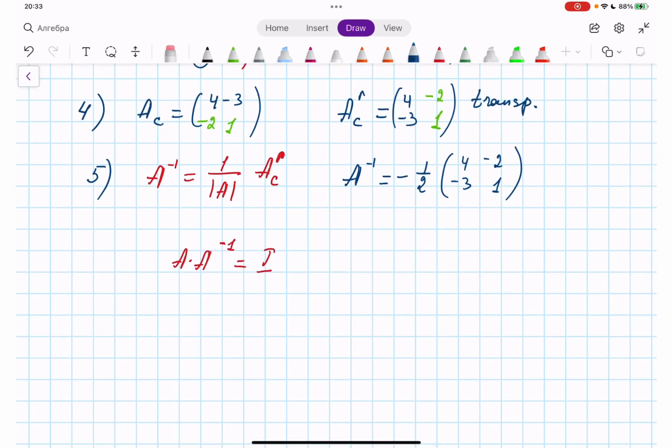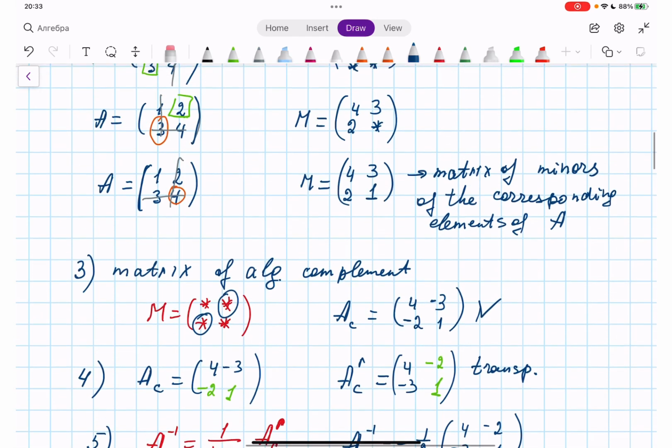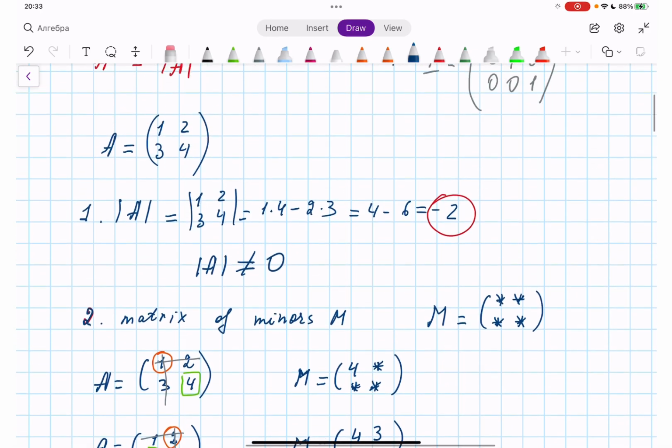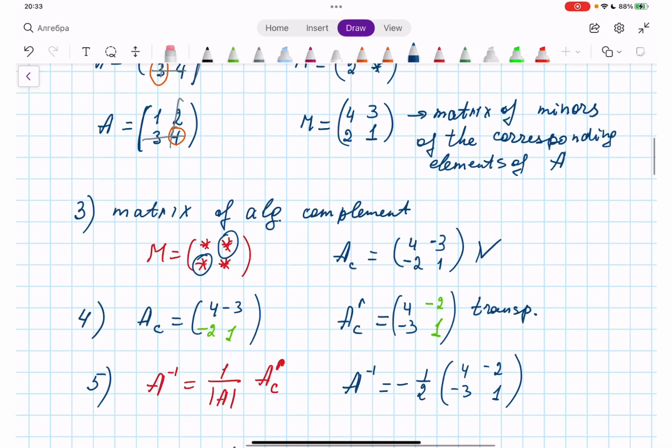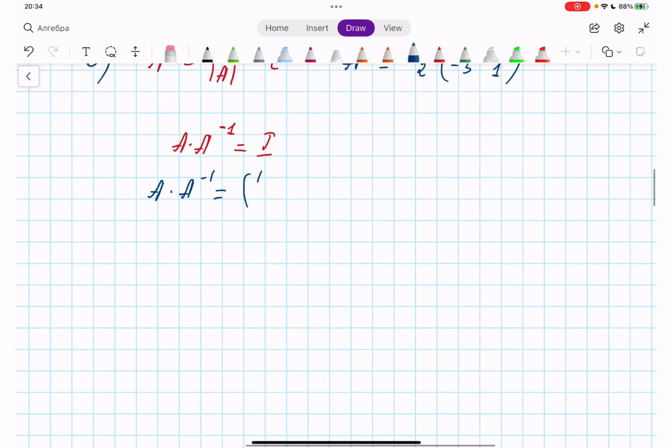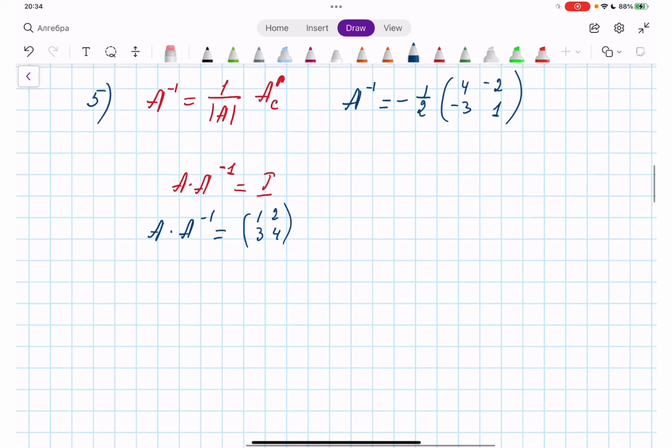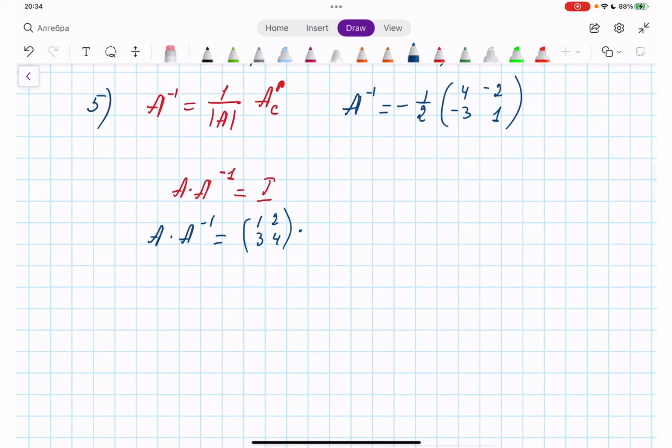So, A times A inverse. Our original matrix is, I already forgot, let me see, 1, 2, 3, 4, okay? It was pretty easy to remember. 1, 2, 3, 4, and we multiply by the inverse, negative 1/2 times 4, negative 2, negative 3, and 1.